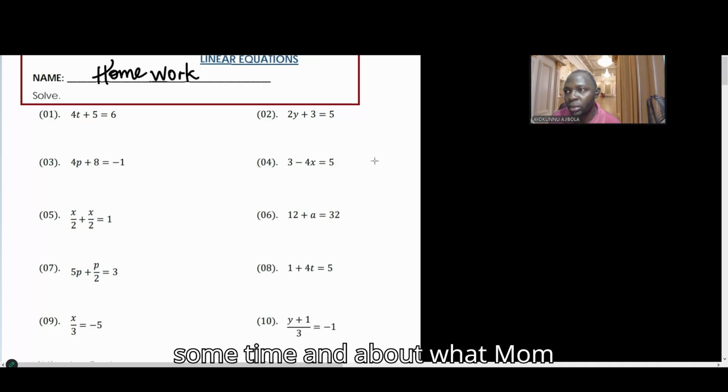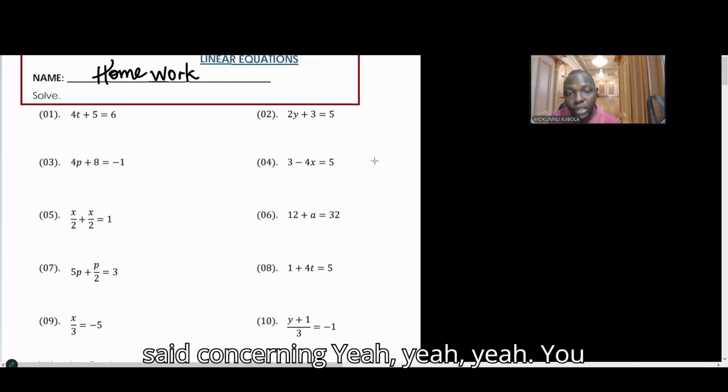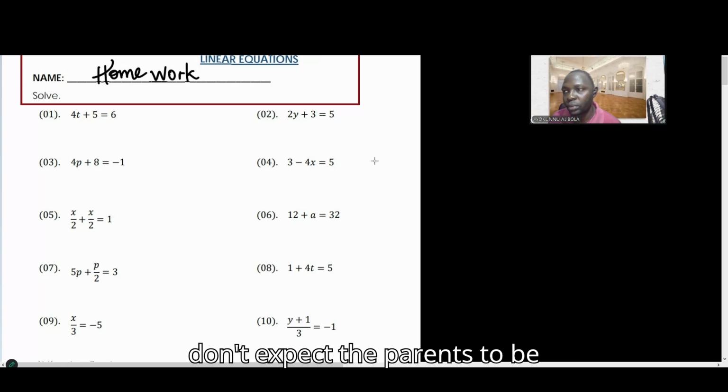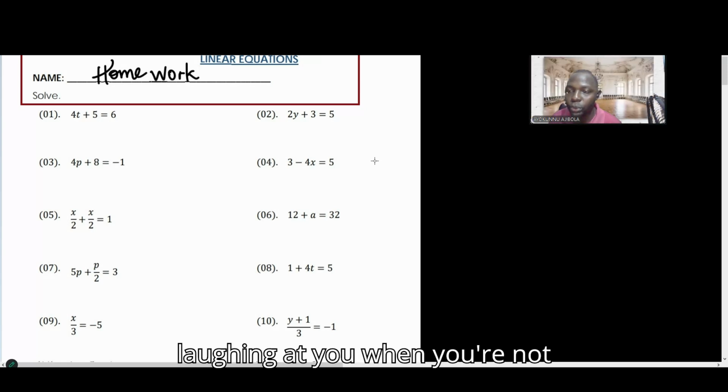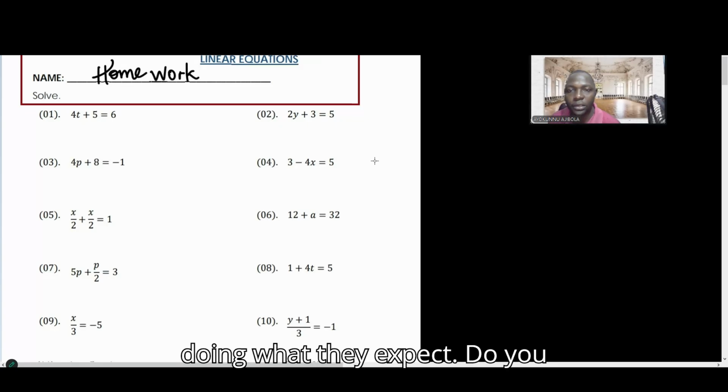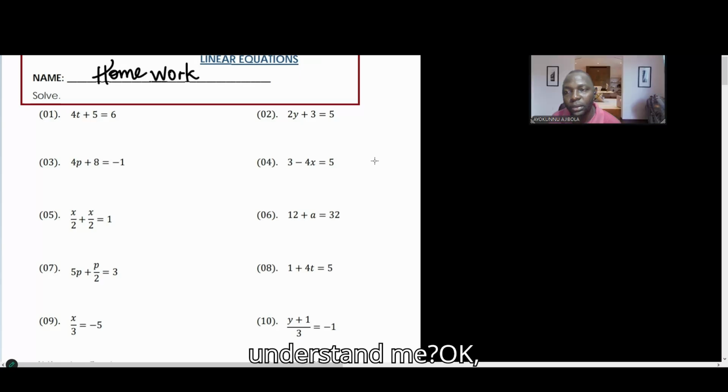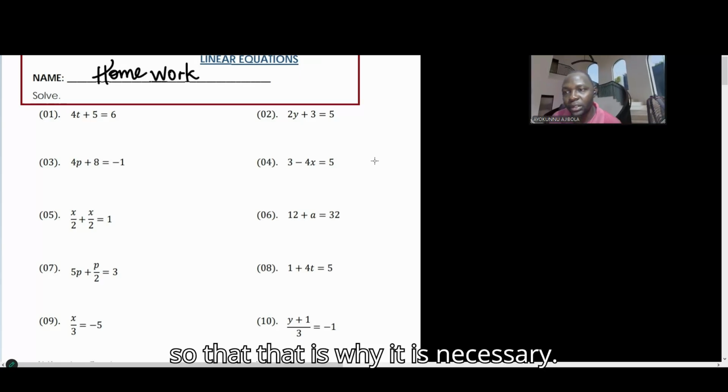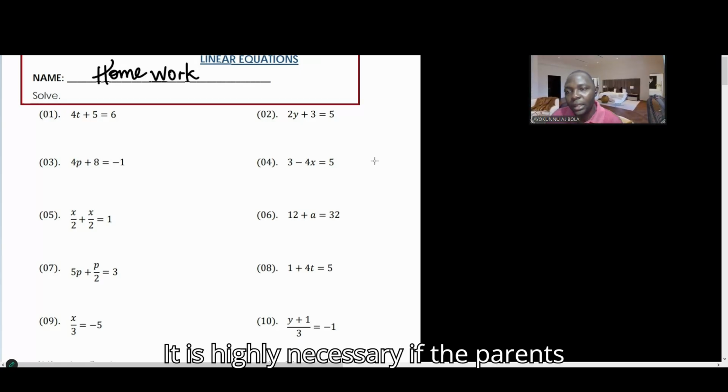And about what mom said, you don't expect a parent to be laughing at you when you're not doing what they expect. Do you understand me? That is why it is highly necessary.